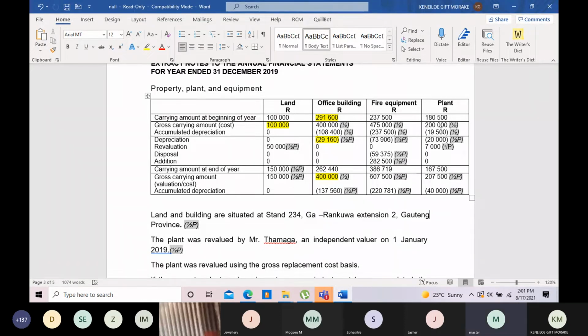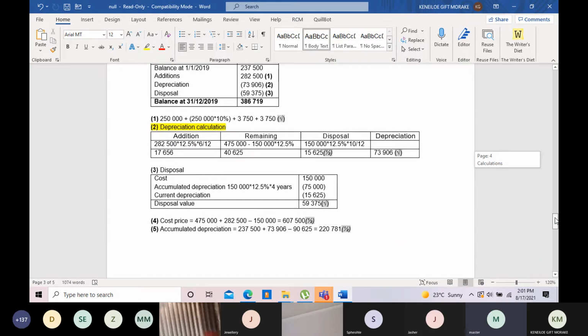So 200,000 minus 19,500, you're going to get 180,500, which you see on top there. And then how do we determine the depreciation now, and also the revaluation? Let's go down there and show you how to determine them. It's a long step, but I'll explain everything.